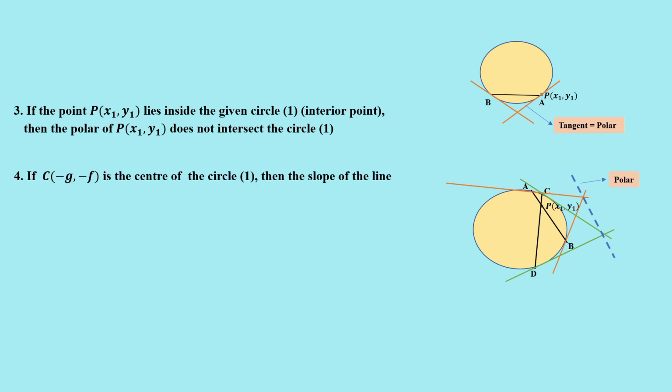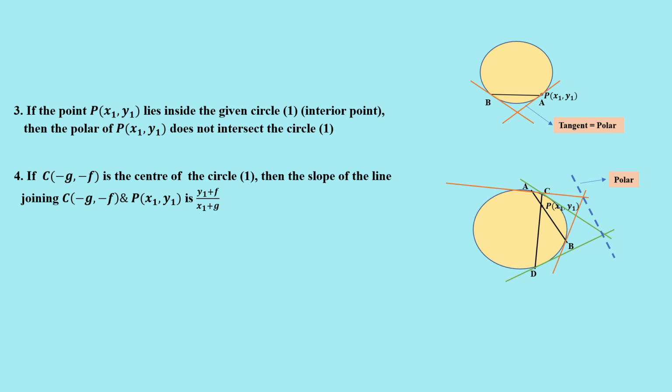If C(minus g, minus f) is the center of the circle, then the slope of the line joining C(minus g, minus f) and P(x1, y1), by the two-point formula for slope, is (y1 plus f) by (x1 plus g).